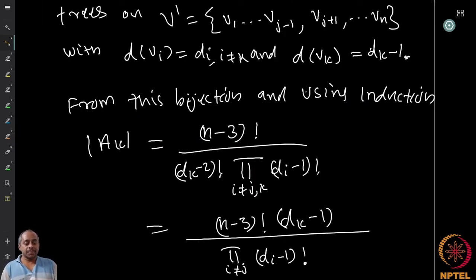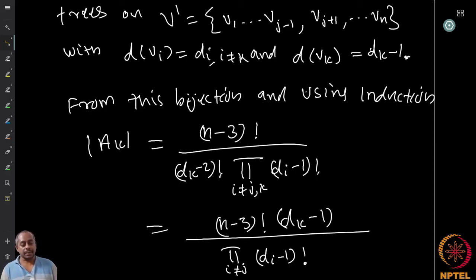Now the trees that we obtain this way are all trees on n minus 1 vertices where the degree sequence is given here: degree of Vi is equal to di for i not equal to k, and degree of Vk is equal to dk minus 1. So now we can use induction.